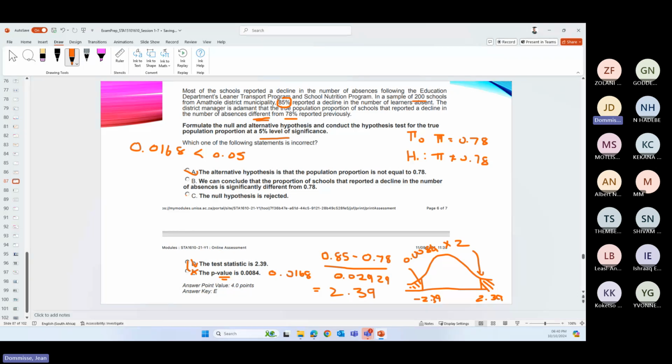The null hypothesis is rejected, which is correct. If a null hypothesis is rejected, the alternative hypothesis is true. So that means that we can conclude that the proportion of schools that reported a decline in the number of absences is significantly different because it is not equal to 0,78. Okay, so that will then also be true.